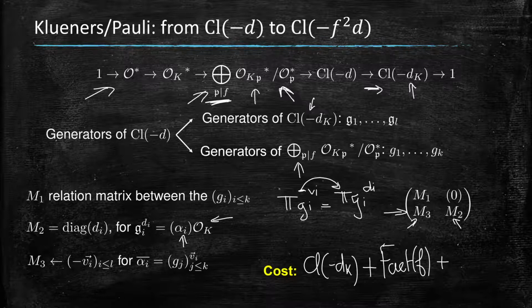And then we need to do these decompositions here, which correspond to taking an element and finding powers with respect to the generators of this group, which essentially means we need to do DLPs in O quotient by P for the P that divides F.